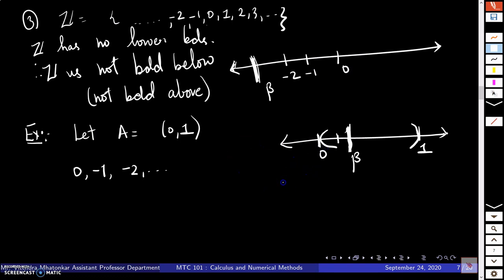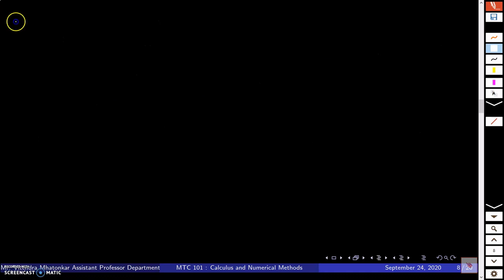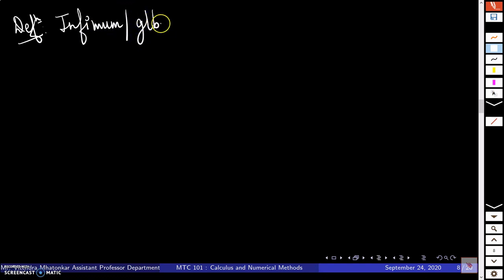All right. So that motivates the next definition of greatest lower bound, or what we call the infimum. Infimum, or the greatest lower bound, also written as GLB.